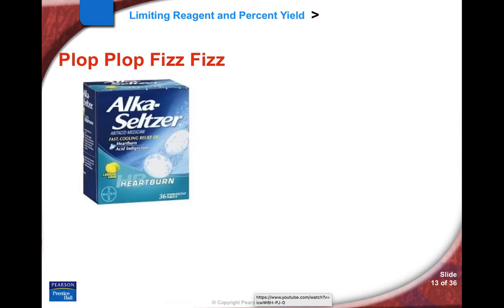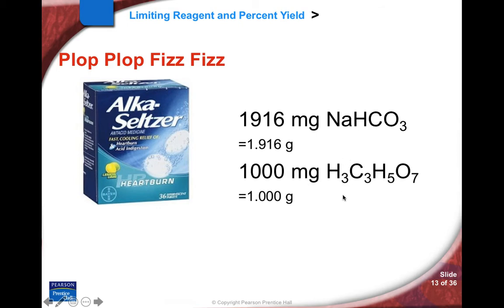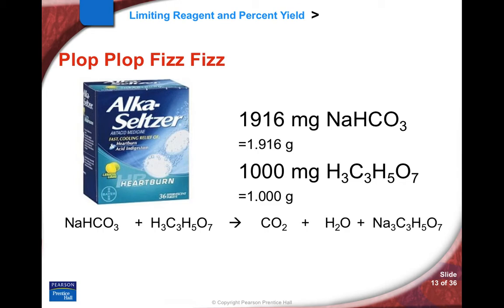Alka-Seltzer is supposed to help with heartburn, which of course is acid indigestion. The tablets are composed of sodium hydrogen carbonate, which of course you know is baking soda. They also have this horrible looking thing, that's citric acid. This is the citrate ion, and of course acids are the cations, or hydrogen. There's a certain amount of carbon dioxide that should come out of this reaction, and sodium citrate remains in solution in the water.